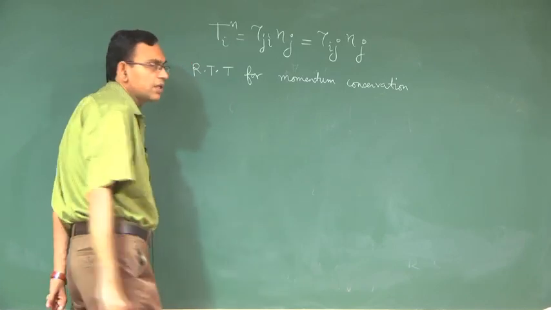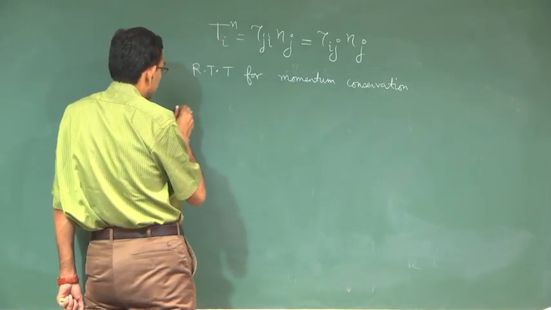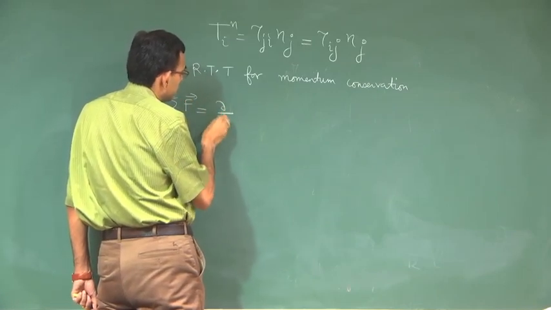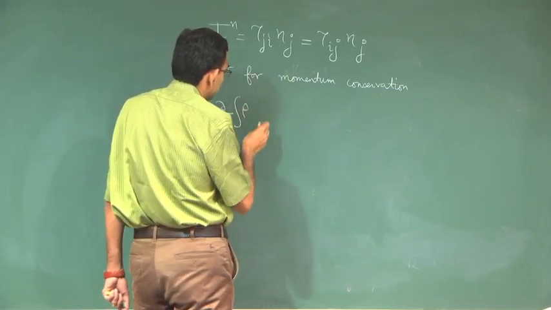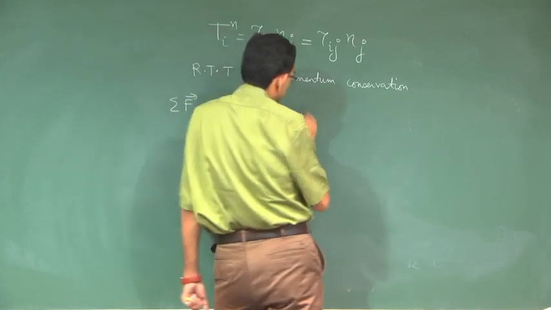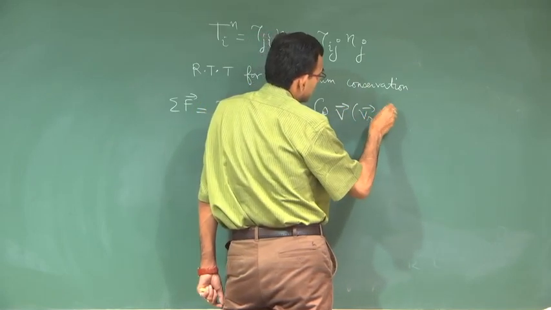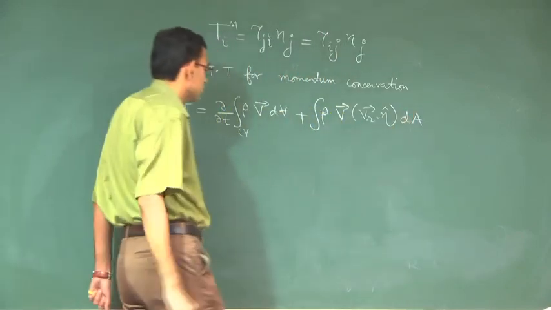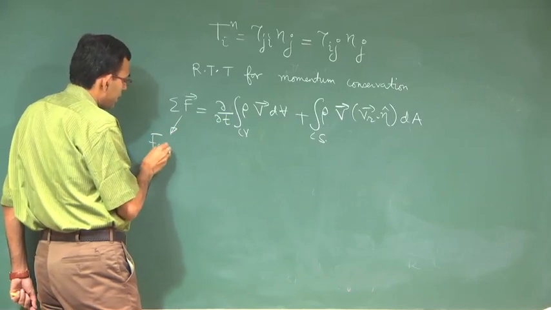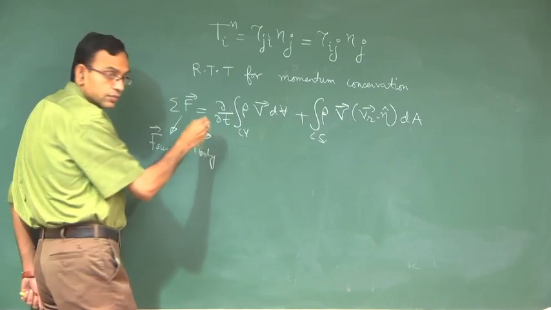So, for momentum conservation, if we are interested to write the Reynolds transport theorem, we will write resultant force, and this is F surface plus F body, right.